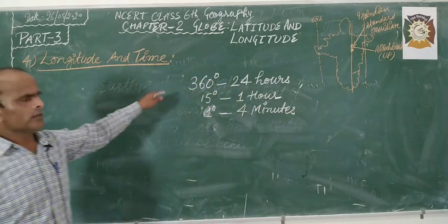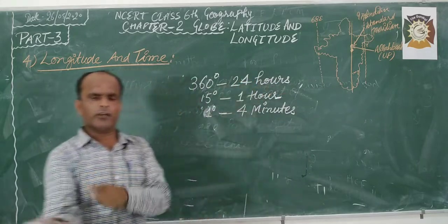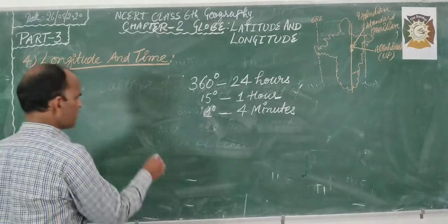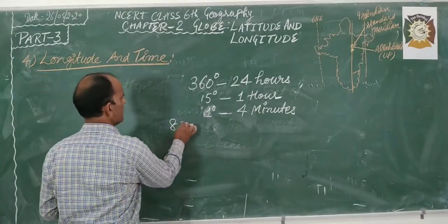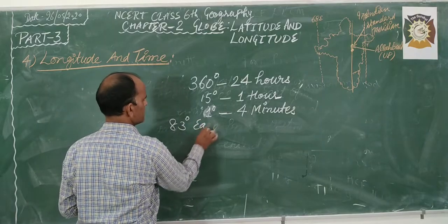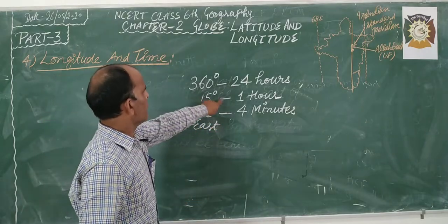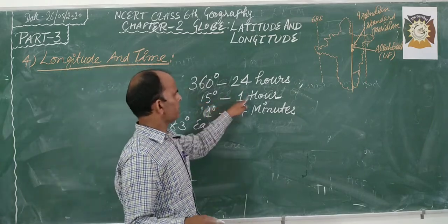So if we want to calculate our time with the English time, India is located at 83 degrees east. If we make it sets, then 15 degrees is calculated in 1 hour.